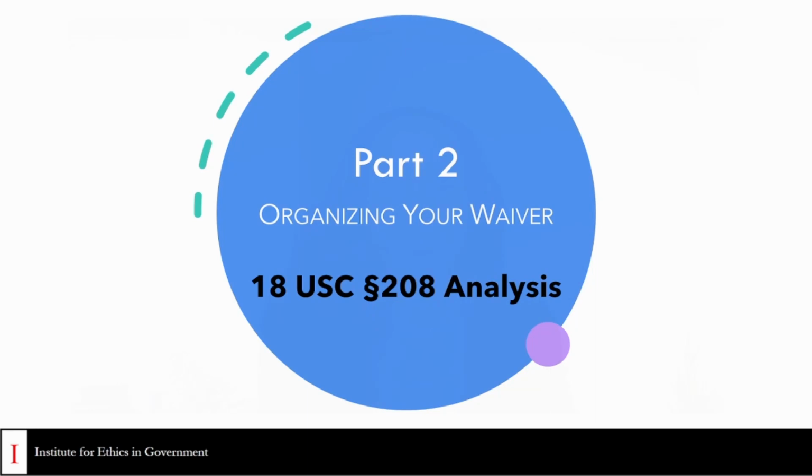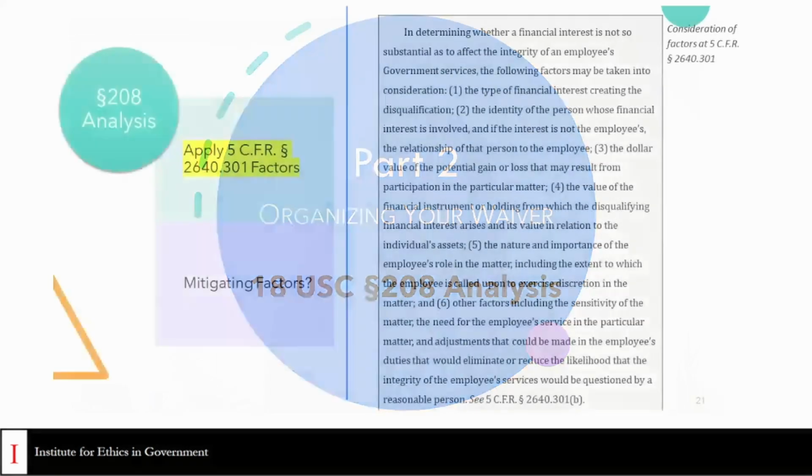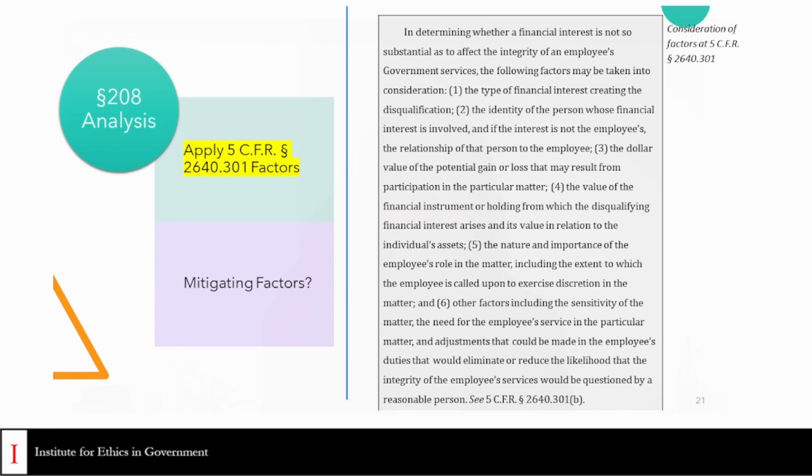All right, now we are approaching the heart of the waiver, where the agency needs to weigh the facts and other considerations to justify the waiver. The 208(b)(1) analysis is your determination that the financial interest in the matter is not so substantial as to affect the integrity of the employee's service. How are you arriving at this determination?